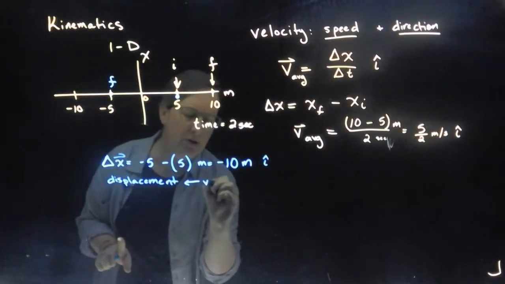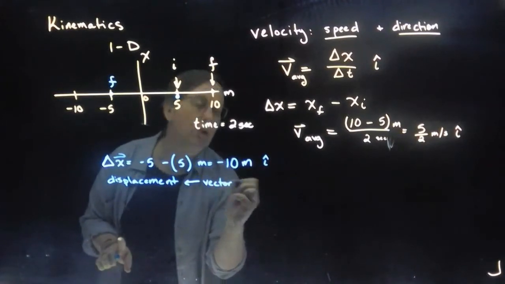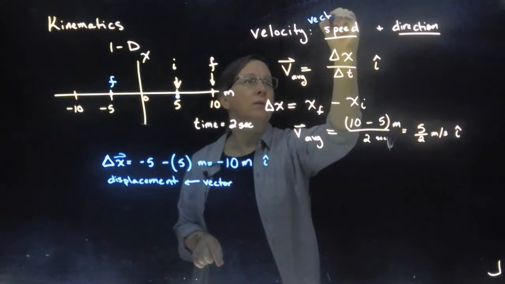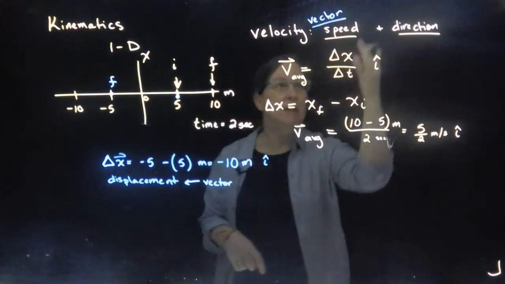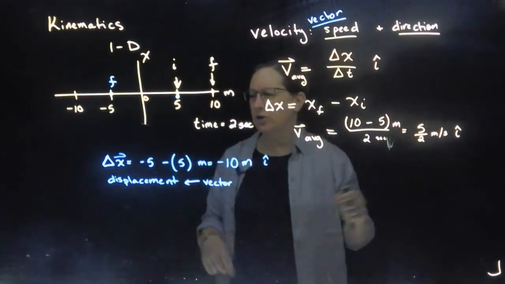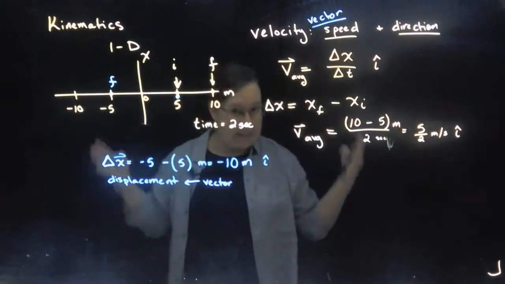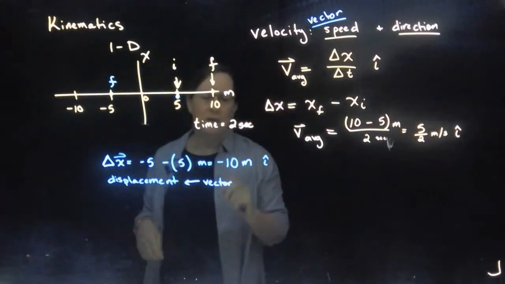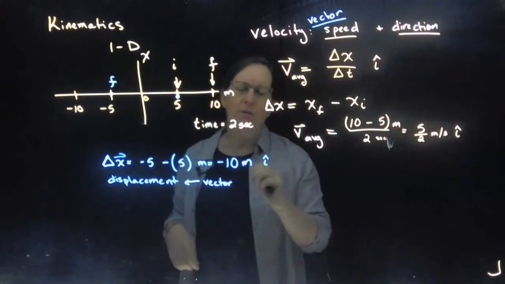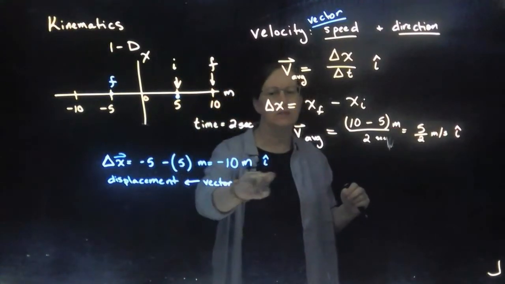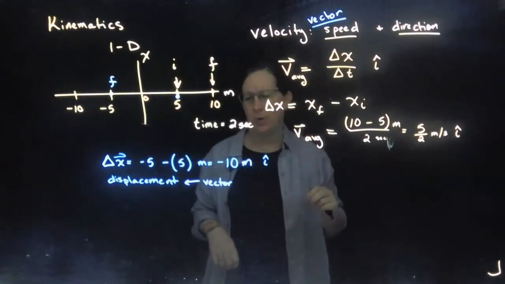So this is a vector, and our velocity is also a vector, because it has a scalar part, a size, a speed, and a direction. And a displacement has a distance, how far we've gone, and then a direction. In this case, in the i hat direction, or if you prefer, you can think of the negative as associated with that i hat and say it's 10 meters distance in the negative i hat direction.